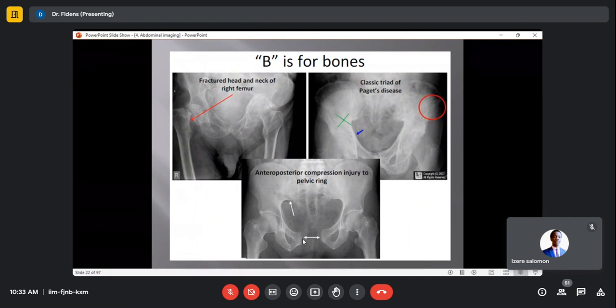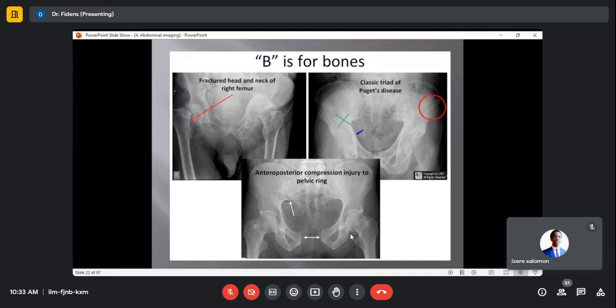This is pubic diastasis, and you see how the pubic bones are separated. This is normally seen after delivery. After delivery, we can see this kind of dislocation, okay? So they wanted to show you how you should not miss these, even if it is an abdominal X-ray.